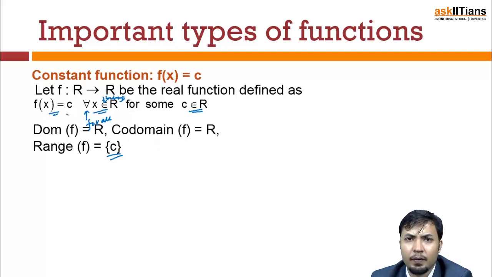Basically for this function, any variable that is given, I'll get a constant value, a unique value, and it will remain the same throughout any input that I feed in.